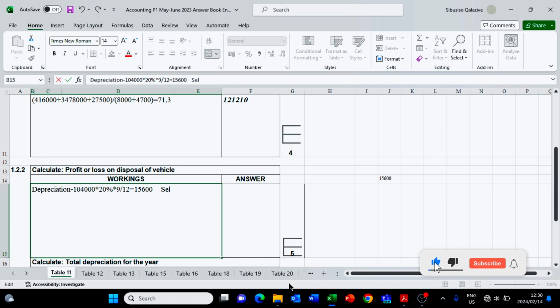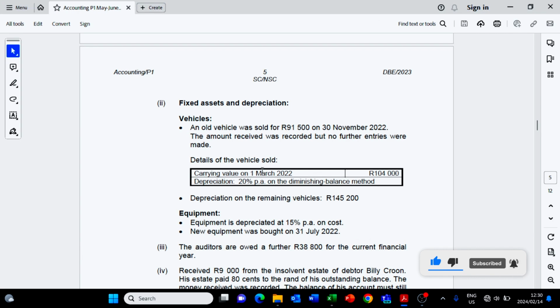So now we are going to have the selling price. Our selling price was a given amount. Yes, it was 91,500.